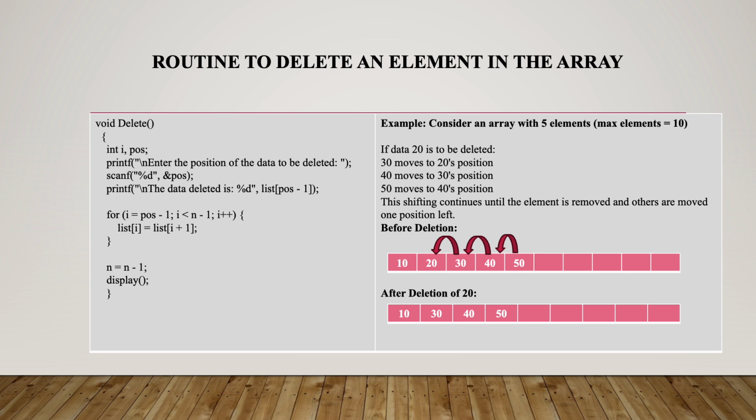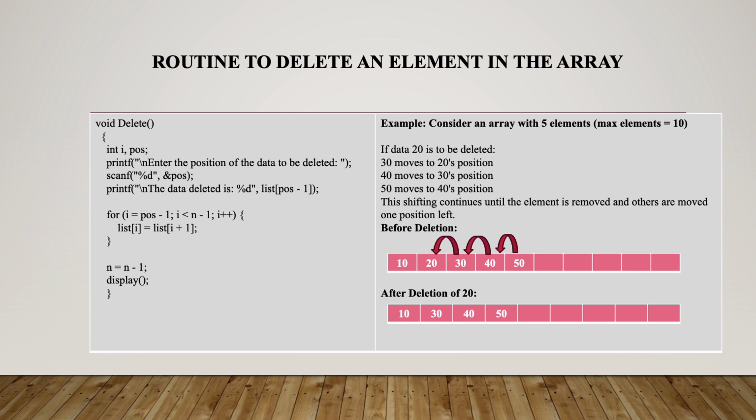Okay, for example, if you delete the element at index 2, the element at index 3 moves to index 2, the element at index 4 moves to index 3, and so on.